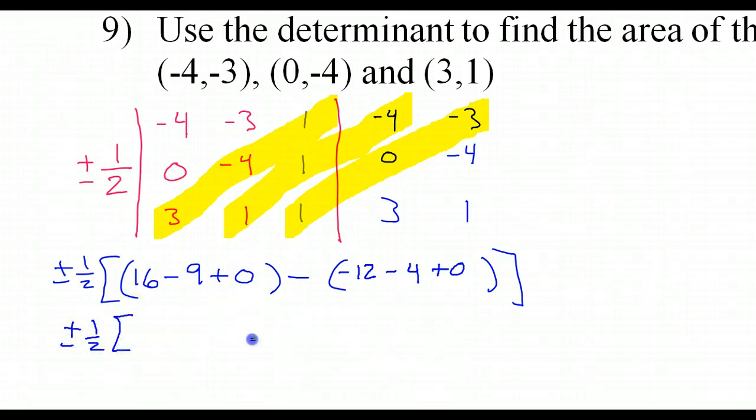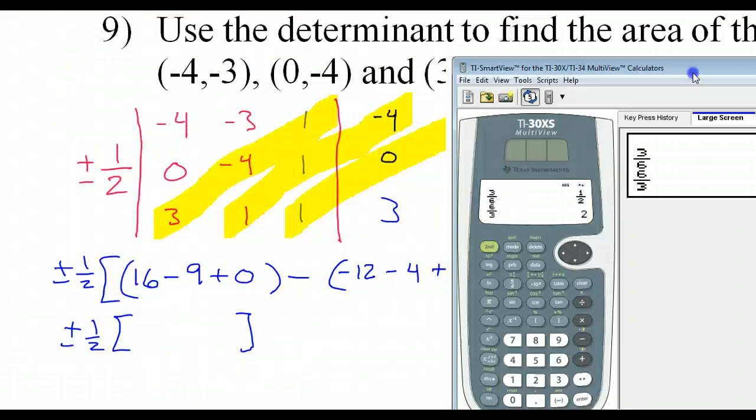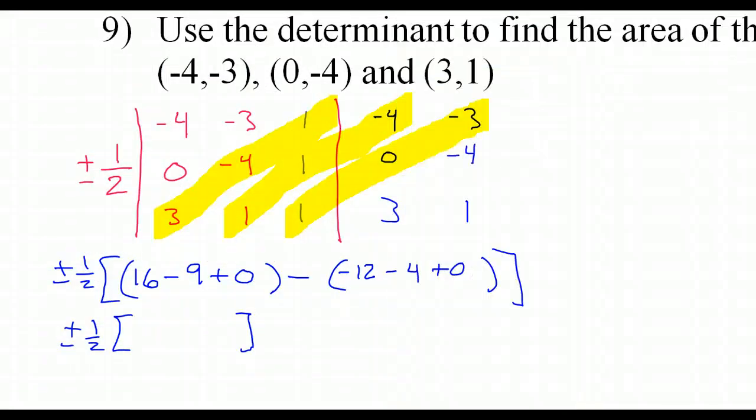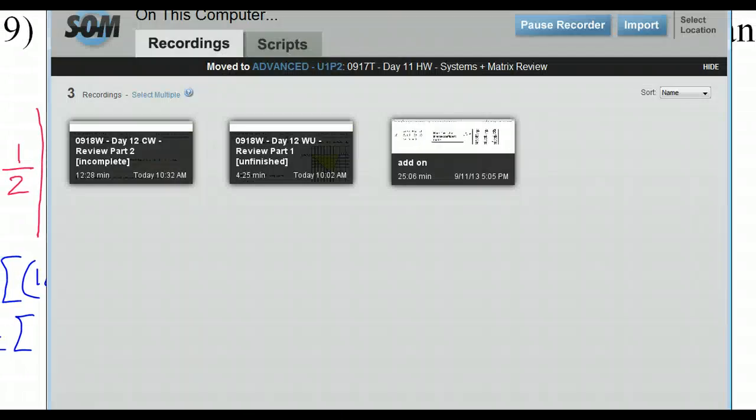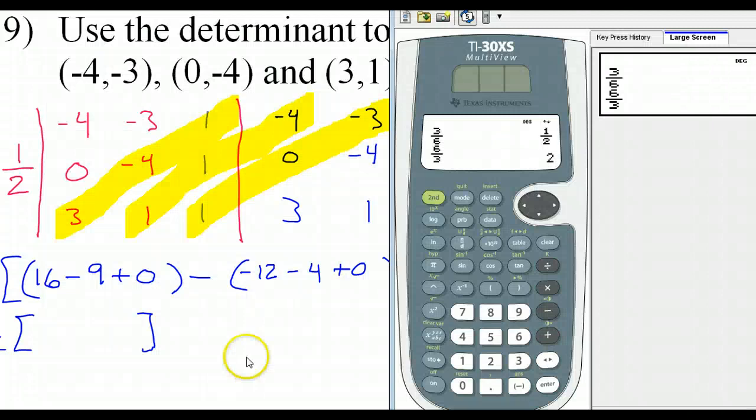Okay, guys, let's see. I'm just going to put all of this in my calculator. Obviously I could do this step by step, but a lot of you guys make mistakes when you do that. There's no reason for you to ever get these problems wrong, because you can use your calculator.